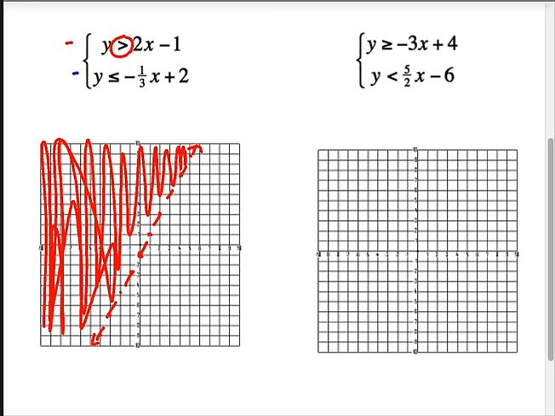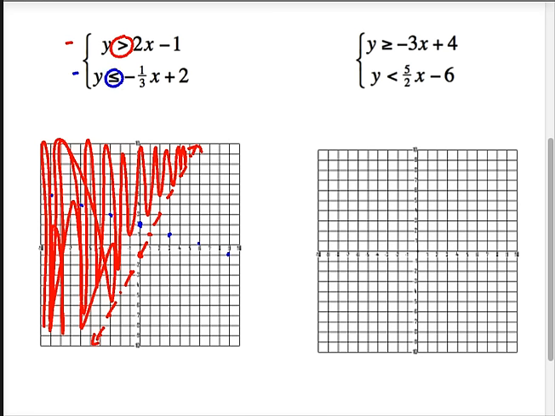Start at my y-intercept, so I start up at 2. Slope of -1/3, so down 1 over 3, down 1 over 3. Then again, I can do exactly the same thing in the reverse direction.